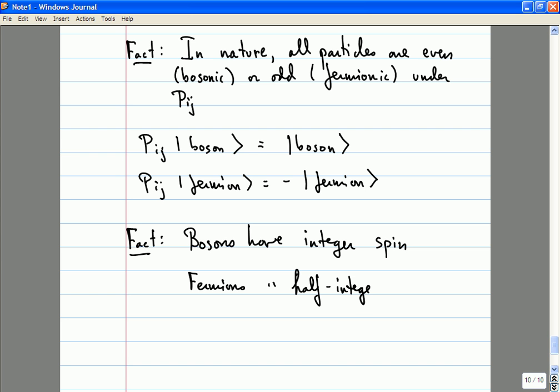Recall that the spin of the particle is related to the way that it transforms under rotation. So, a priori, this is an incredibly weird fact that the way that particles transform under rotation is related to the way that they transform when you interchange them. And in non-relativistic physics, this is not something that can be proven. This is just an experimental fact.